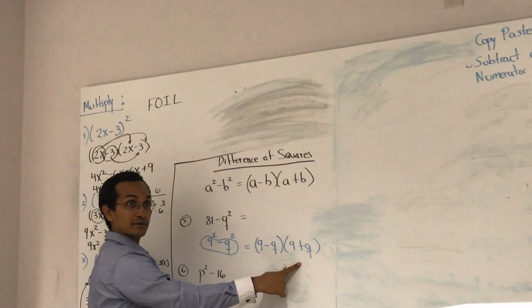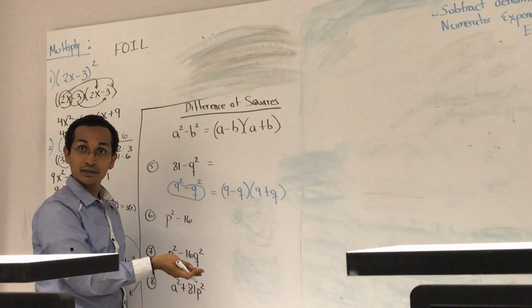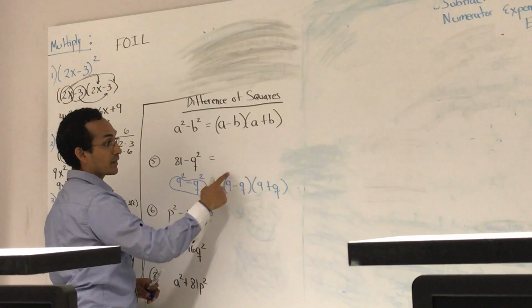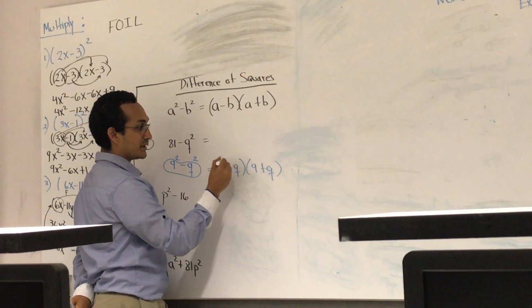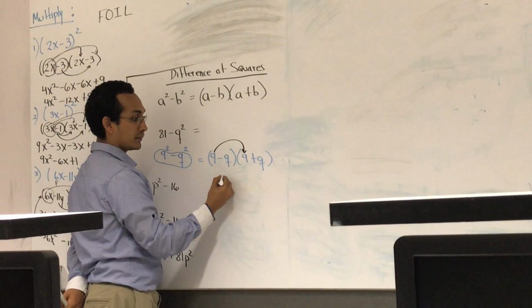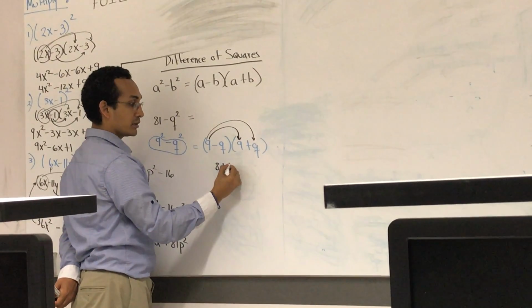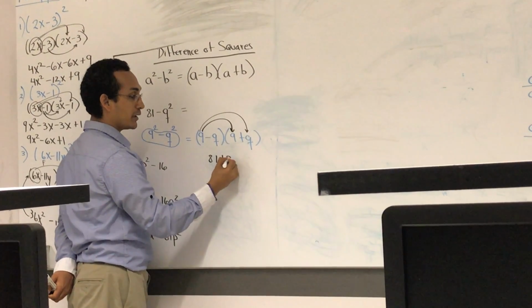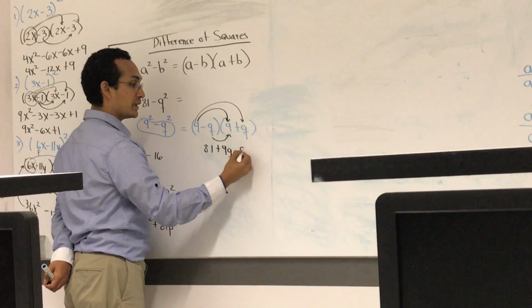Verification: you check the answer by using the FOIL method. First, 9 times 9 is 81. 9 times q is 9q. Negative q times 9 is negative 9q.